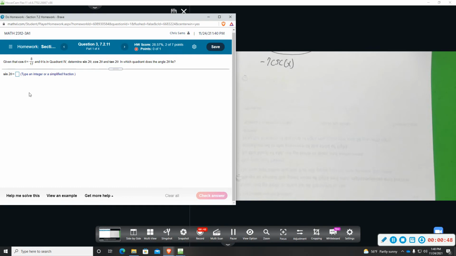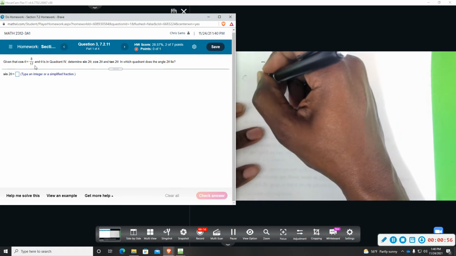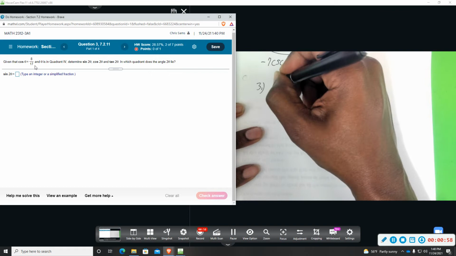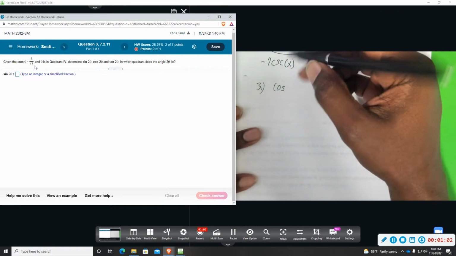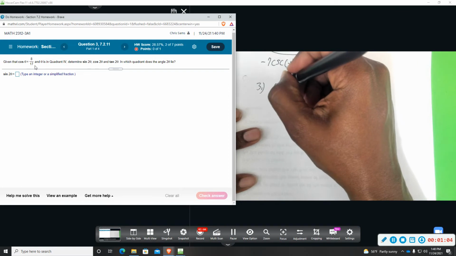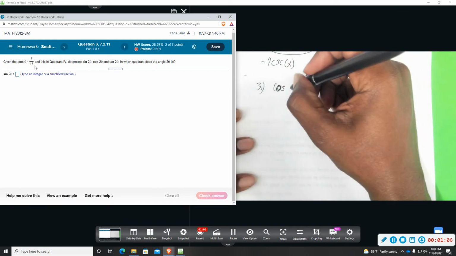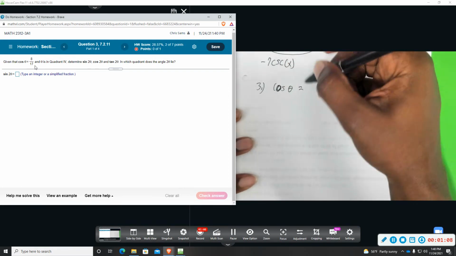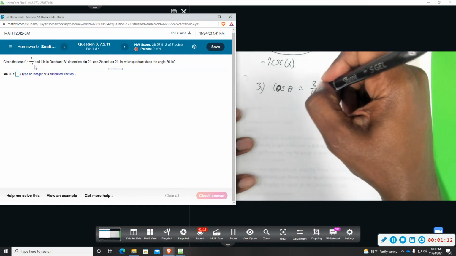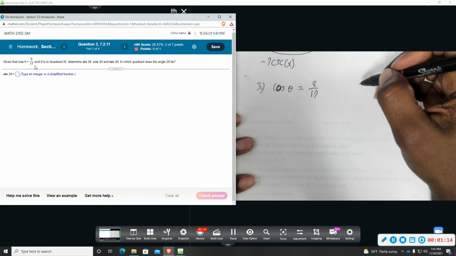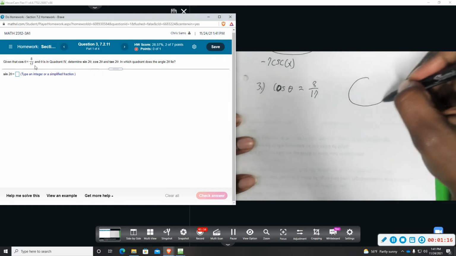So let's start out with finding the missing side. We'll use the Pythagorean Theorem. Cosine of theta was equal to 8 over 17. So we have a unit circle.